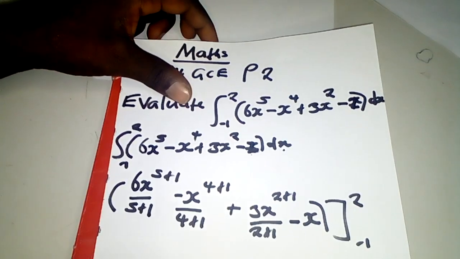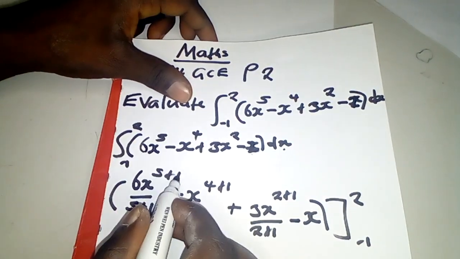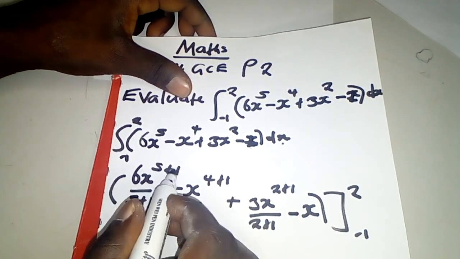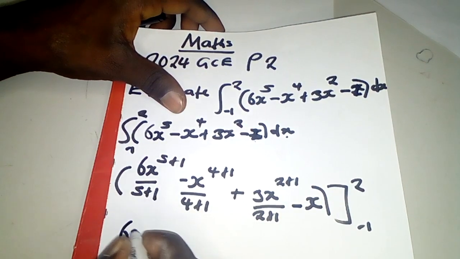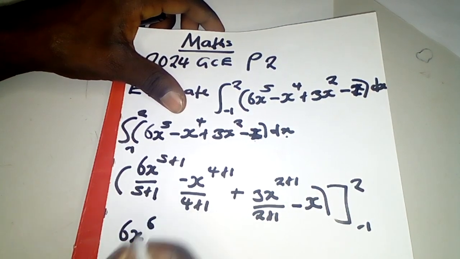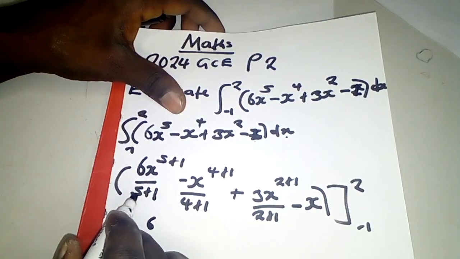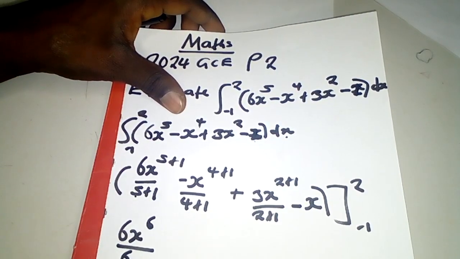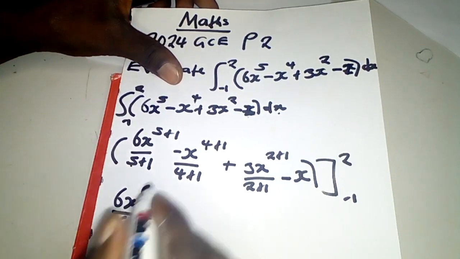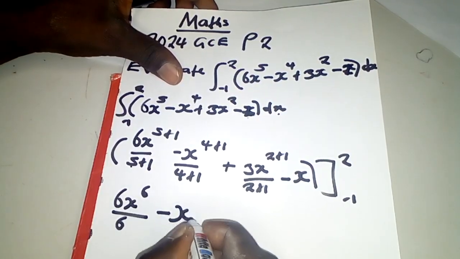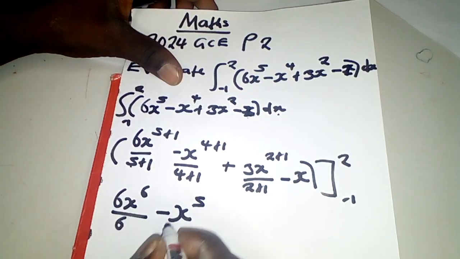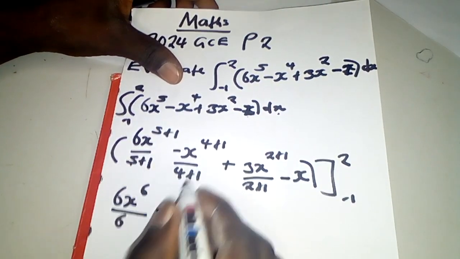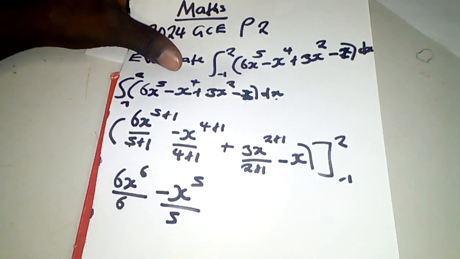So we are going now to evaluate. Let us add the powers. So 5 plus 1 here, we are going to have 6x to the power 6 divided by 5 plus 1. We are also going to get a 6, like that. Then minus x, 4 plus 1, we get a 5, over 4 plus 1, we get a 5, like that.